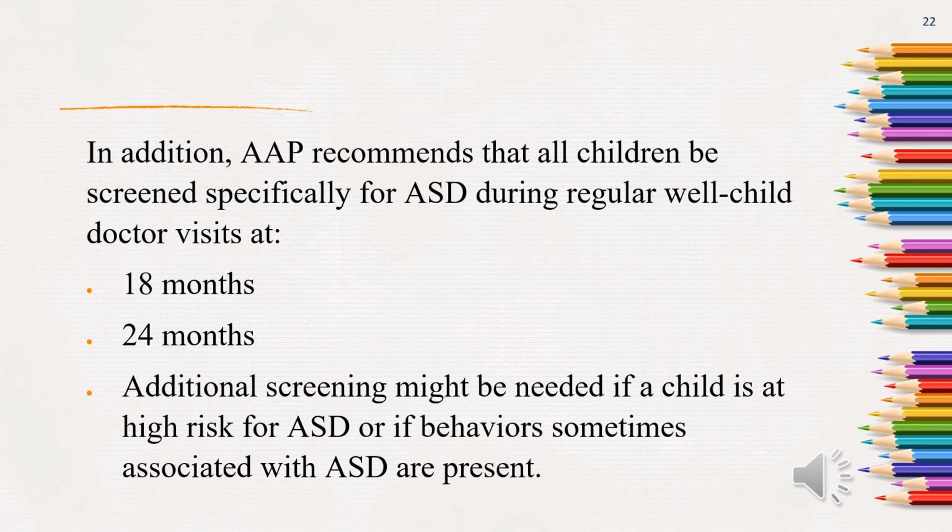In addition, AAP recommends that all children be screened specifically for ASD during regular well-child doctor visits at 18 months and 24 months, and additional screenings might be needed if a child is at high risk for ASD or if behaviors sometimes associated with ASD are present.